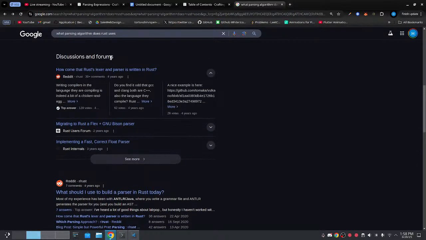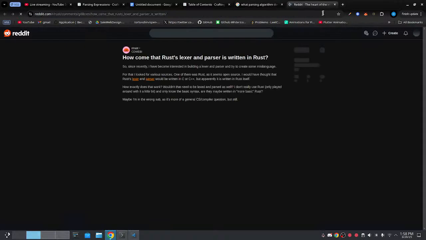What bootstrapping means is, the first version was written in OCaml, then from OCaml they shifted to Rust, and they used the previous compiler to build a new compiler. So from then Rust is using its own compiler.